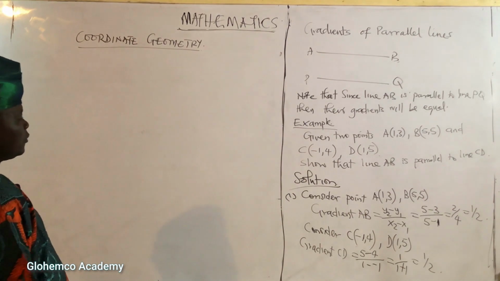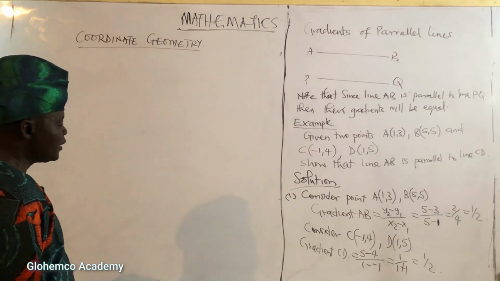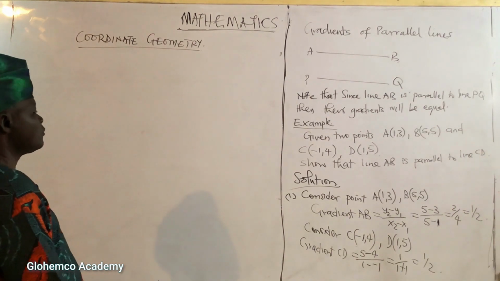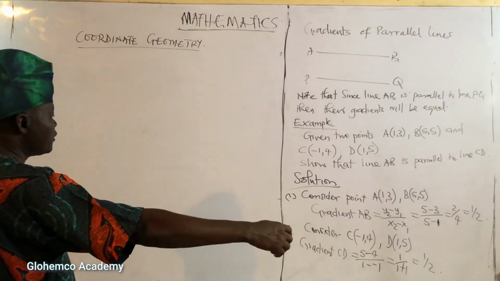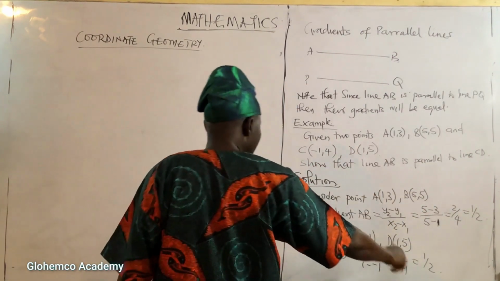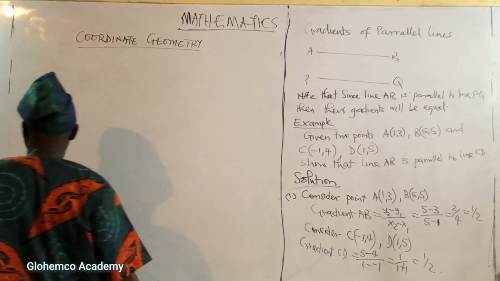Now, we have found the gradient of AB, which is half, and the gradient of CD, which is half. Then, what is the next thing? Since the gradient of AB equals the gradient of CD, then the lines are parallel.